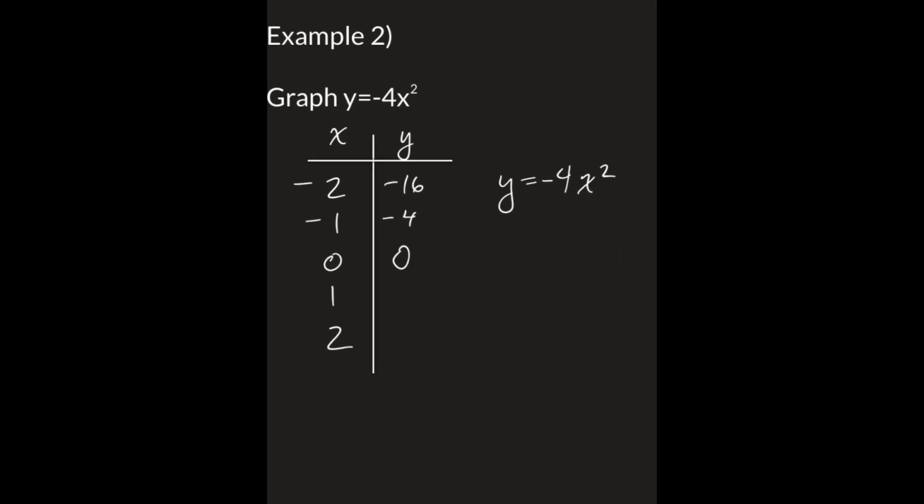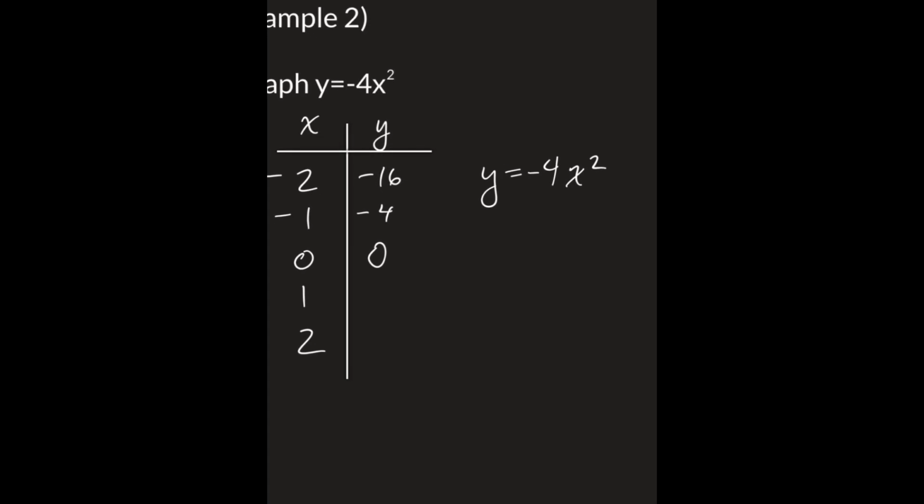So now I know that's a -4. All right, I have 2 more values that I have to find. The next number is a +1. Raise that to the second power, I get +1. I multiply that times -4, I get -4. So in goes a 1, out comes a -4.